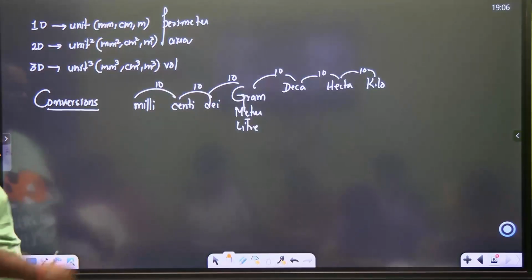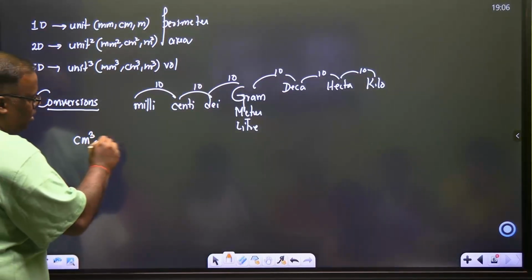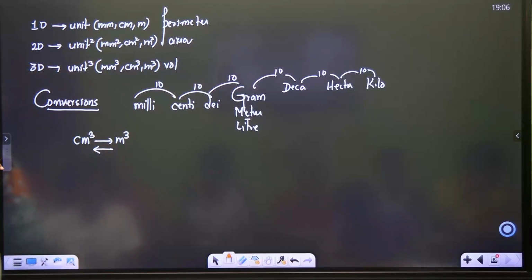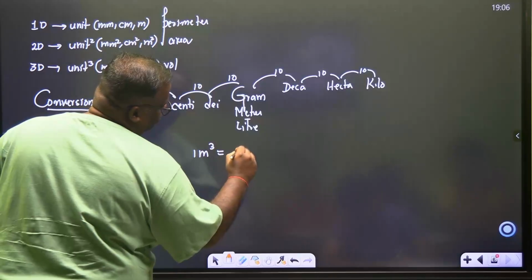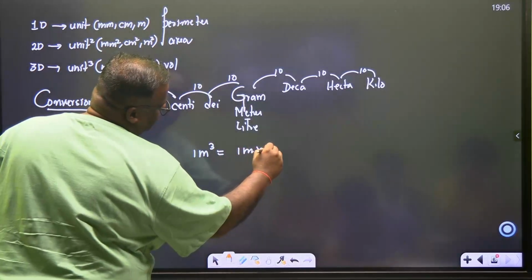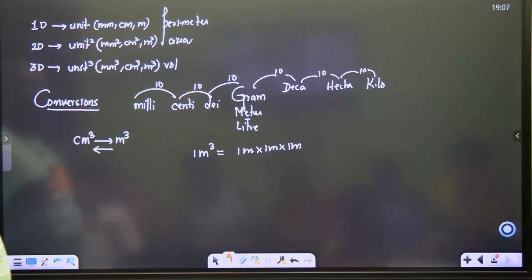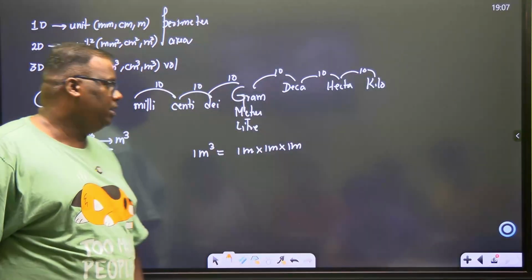Okay. Then comes the common thing, centimeter cube and meter cube, or vice versa. How to actually do it if we forget in the exam. Now say 1 meter cube, baby steps. 1 meter cube is 1 meter multiplied with 1 meter multiplied with 1 meter. M to the power 1, m to the power 1, m to the power 1. So 1 plus 1 plus 1, 3. Clear?